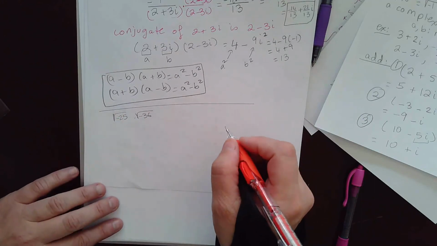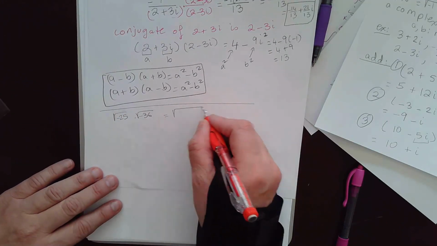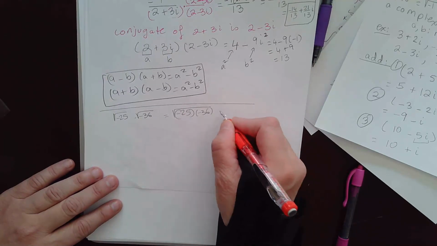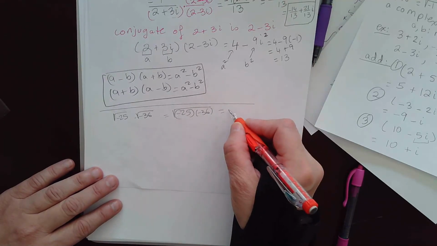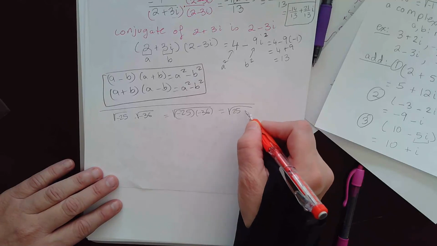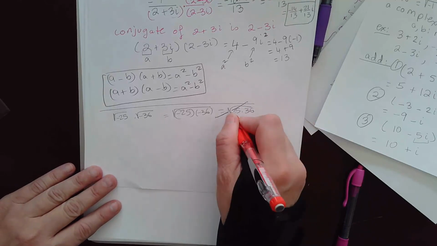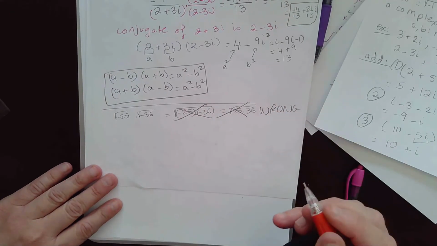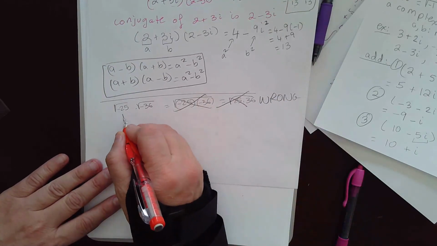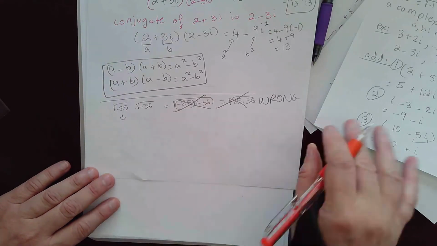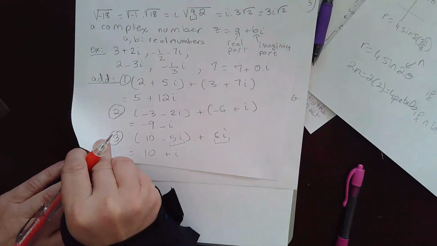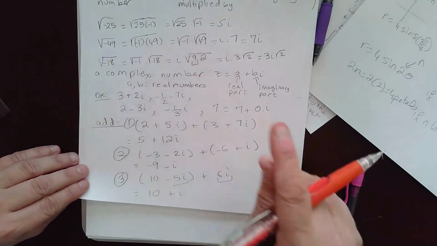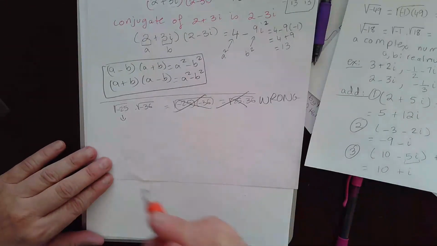Please, please, do not multiply like this, because what happens then, the negative times negative becomes positive, so you multiply 25 times 36. Write it down. This is wrong. Okay, what is this? You write this as 5i.